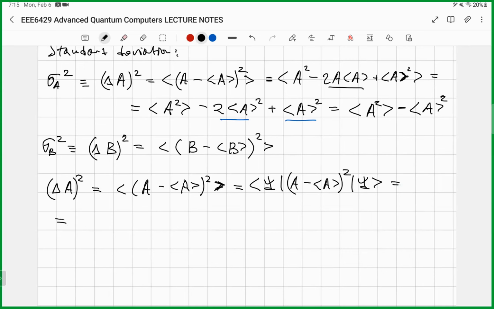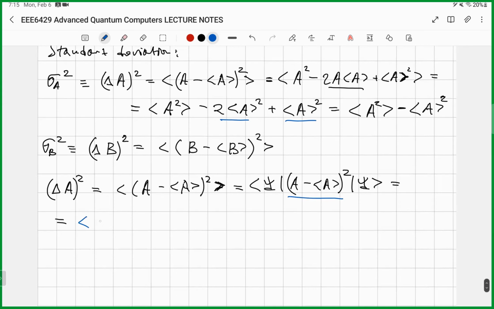So now I can represent this as A minus the A expectation value times A minus the A expectation value. So it will be equal to bra psi, then A minus A expectation, another A minus A expectation, and then psi.